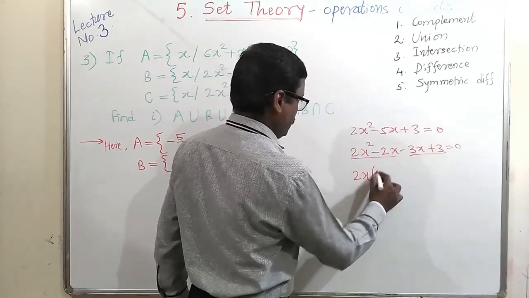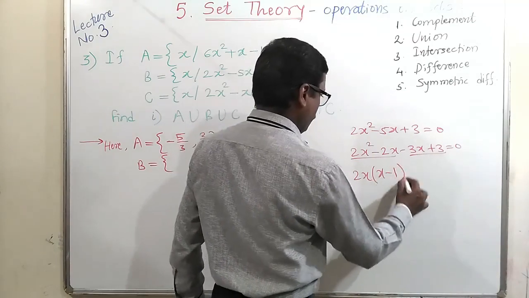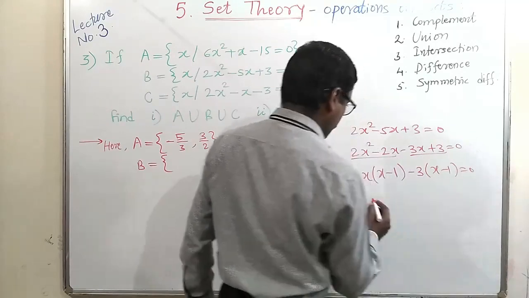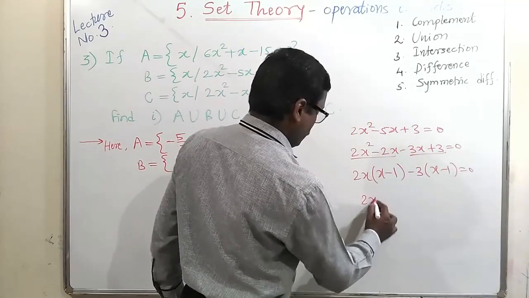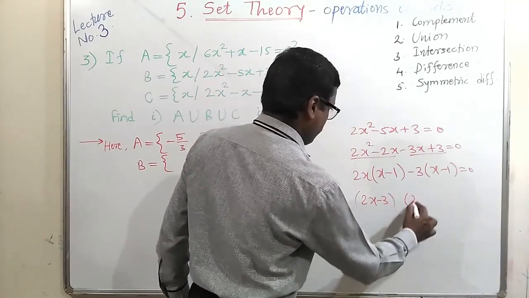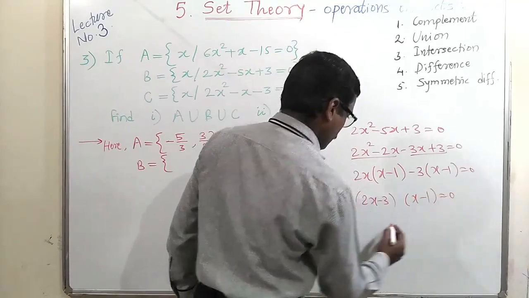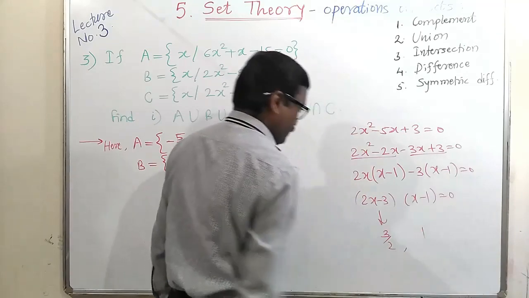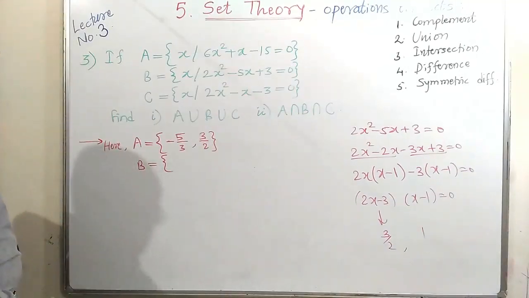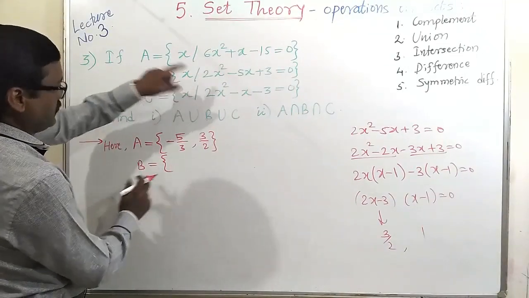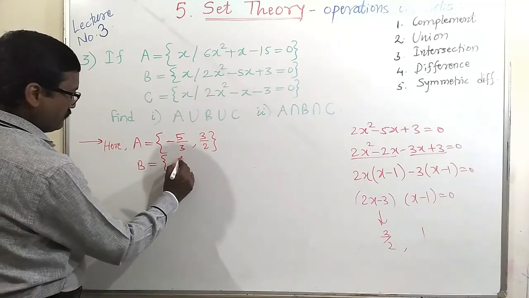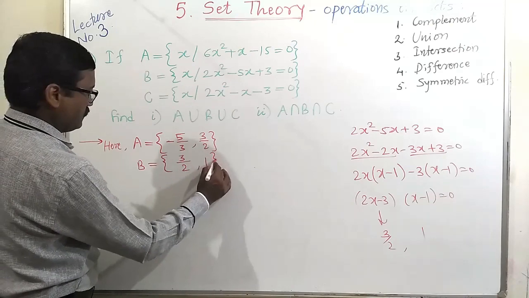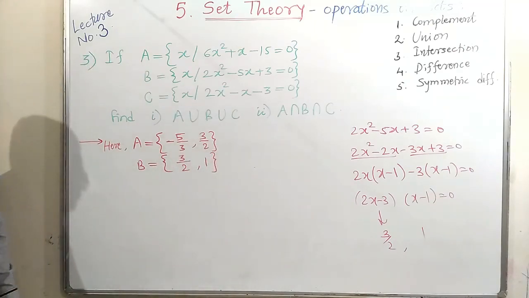Here is 2x, so we get x minus 1 minus 3 in bracket x minus 1 equal to 0. So the factors are 2x minus 3 and x minus 1 equal to 0. So this gives 3 by 2 and this gives plus 1. So the two elements of set B are nothing but 3 by 2 and 1. This is set B.